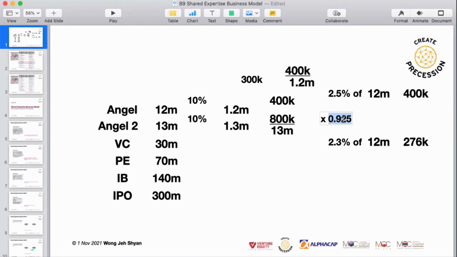But what happened to my 2.5% times 0.9? 2.5 times 0.9 is 2.25. 2.25% times 13 million, how much is that? 292.5K. Still a down round. I can still sue you. So theoretically, you are adding to the valuation, but you are resulting in a down round for the investors.